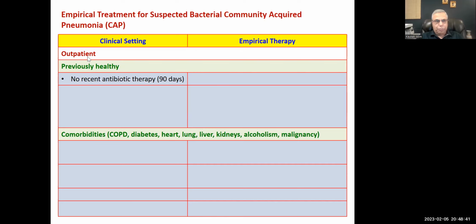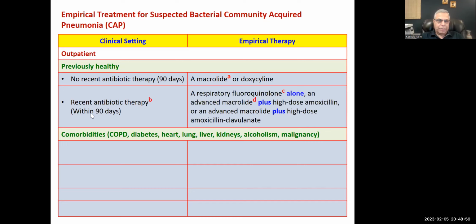If you are giving outpatient treatment and the patient is healthy and has not used antibiotics in the previous 90 days, then you give a macrolide or doxycycline, right? The patient is not in a very bad state. If the patient has used antibiotics within the previous 90 days, then a respiratory fluoroquinolone, which includes levofloxacin and gemifloxacin.